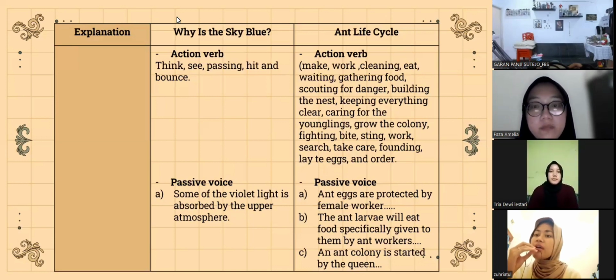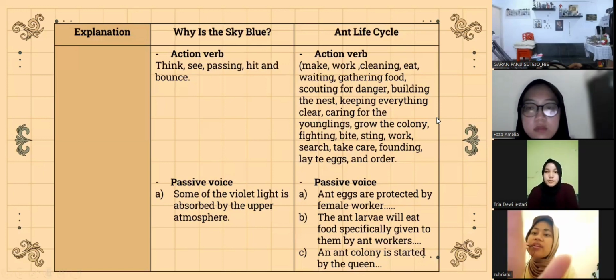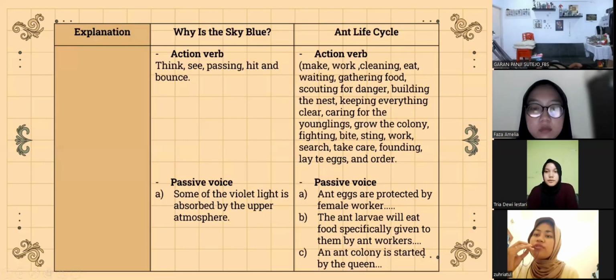Next, action verbs in the ant life cycle: make, work, cleaning, eat, waiting, gathering food, scouting for danger, building the nest, keeping everything clean, caring for the younglings, grow the colony, fighting, beat, sting, work, search, take care, founding, hide the eggs, and order.